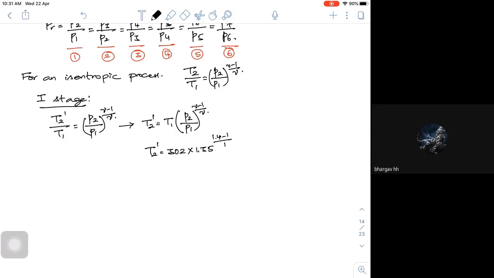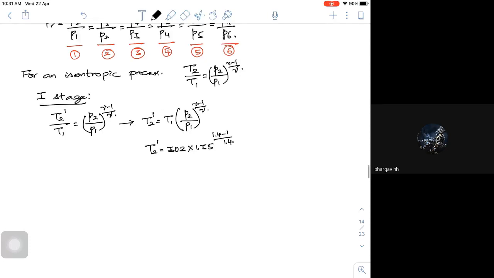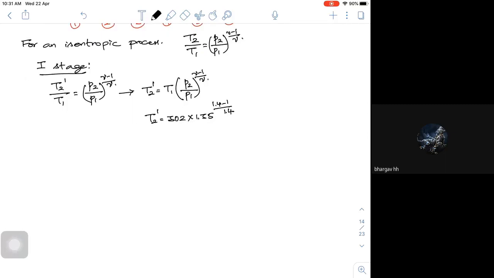You just calculate and save it in your calculator, then keep multiplying by the corresponding T1, T2, T3 and so on. You can easily calculate T3 dash, T4 dash, T5 dash. That's why I keep 1.35 to the power of 0.4 by 1.4 in my memory, so it's easy to do the calculations. 302 into that, I will end up with T2 dash as 329 Kelvin.